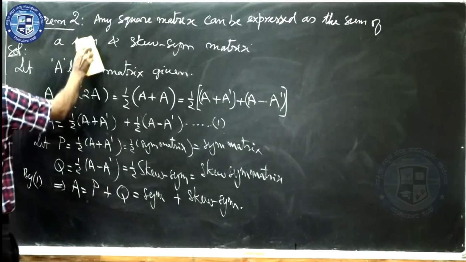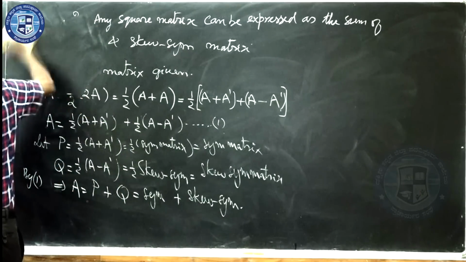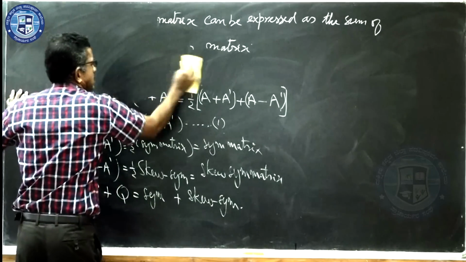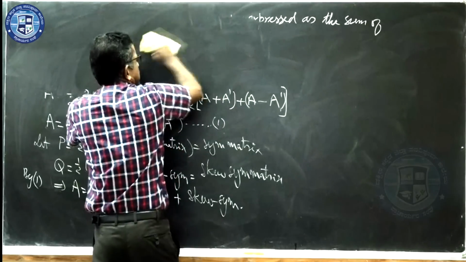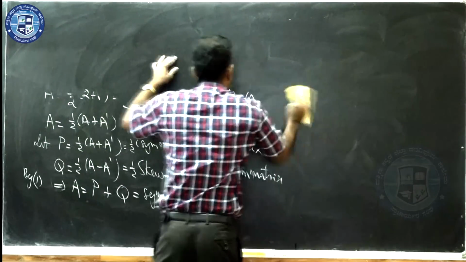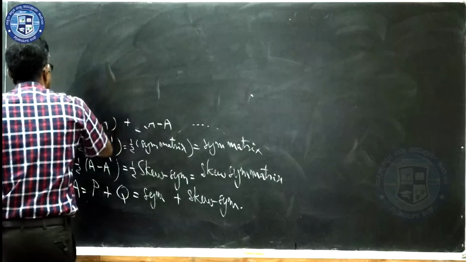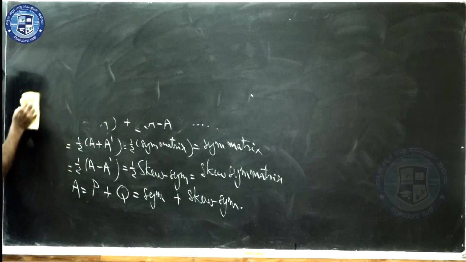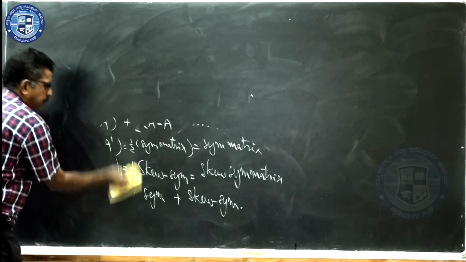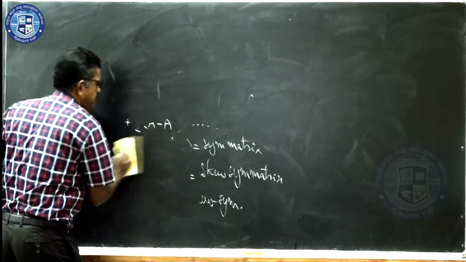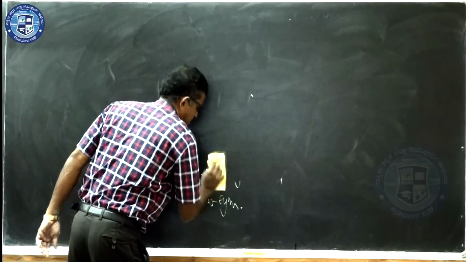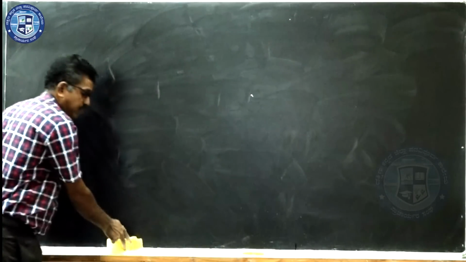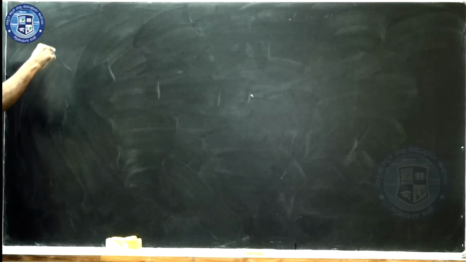So next we shall discuss a simple example, a problem given in the NCERT book exercise. Here the matrix itself is skew symmetric, and we have to express it as a sum of symmetric and skew symmetric. The question is as follows.